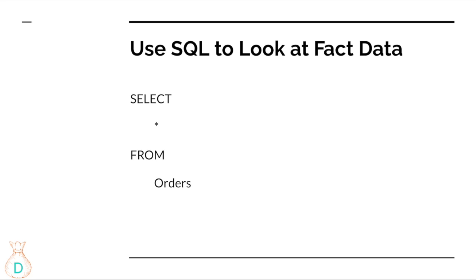So if you use SQL to look at fact data, it's very commonly used that people do select star from orders. Star here just means that you're pulling every single available column from the orders table. But you should always remember to add a filter for date key.